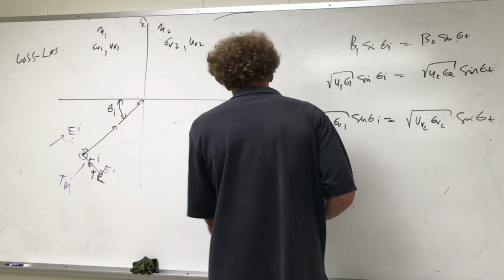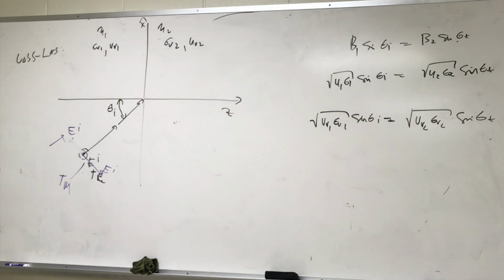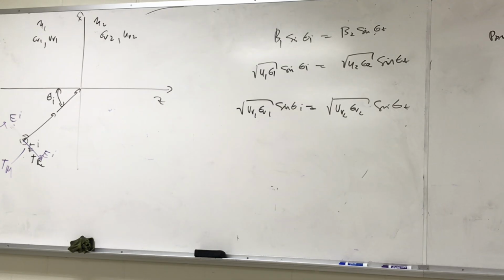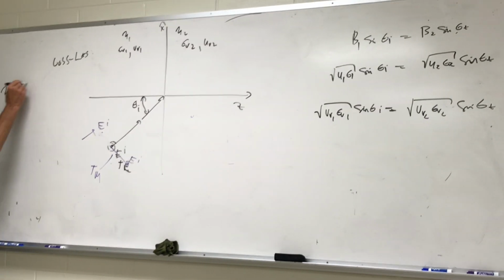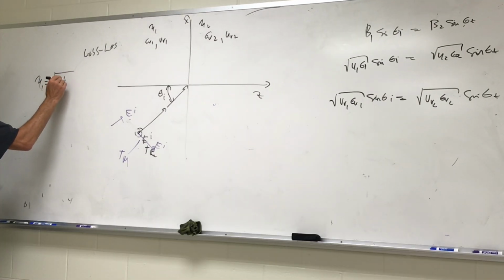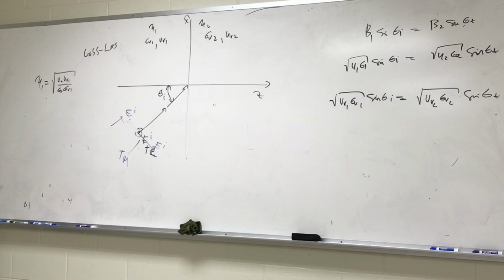Now at this point I'm going to just say something. I gave you a problem on a quiz, and John asked me about this. We know that eta in region 1 is equal to the square root of mu naught mu relative 1 over epsilon naught epsilon relative 1, right? By the same token, we could get eta in region 2.